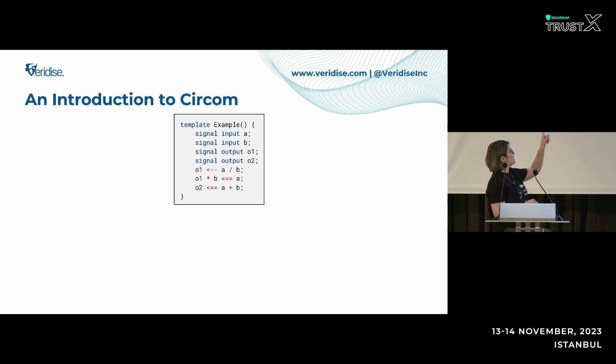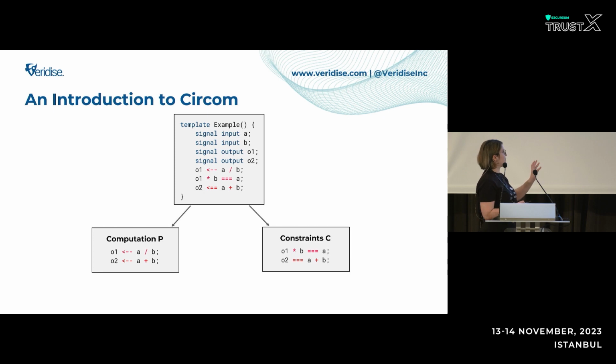You'll see in the last part of this code snippet some assignments for the output signals and some equality constraints. These operators are actually used to generate those two entities. For the assignments, we have the computation part, which assigns these computations to the output signals, and the constraints, which are then used by the verifier to verify that the proofs sent by the prover are indeed correct.